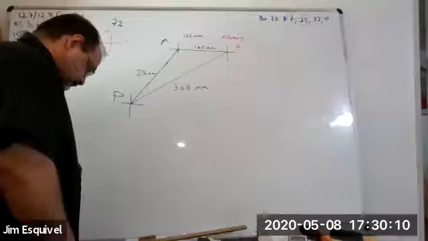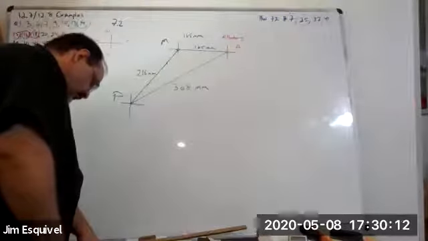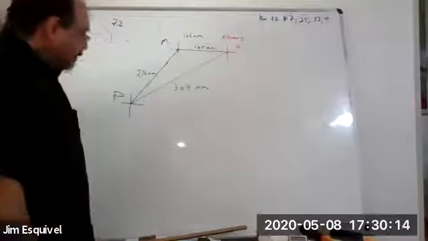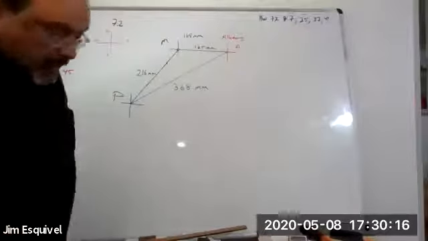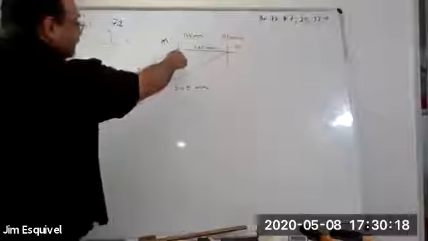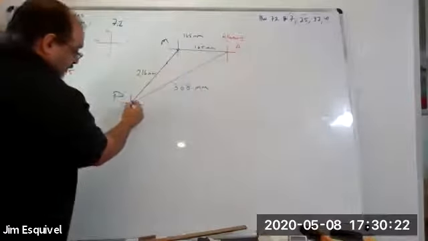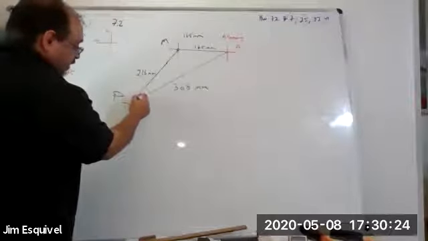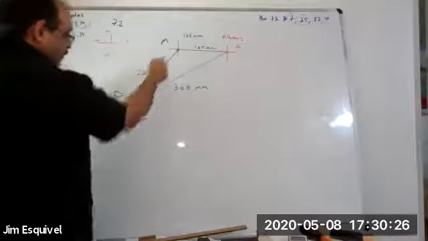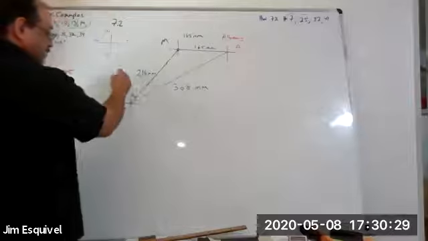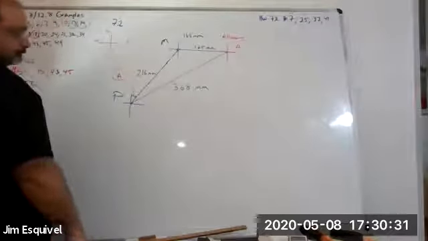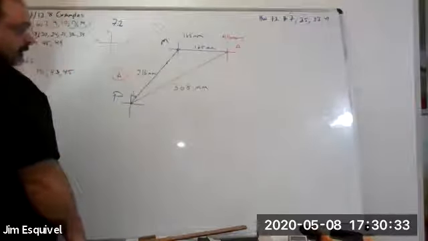Okay. We are supposed to find the bearing of Minneapolis from Phoenix. So starting from Phoenix, we want the bearing to this guy right here. This is question A. What is that bearing?